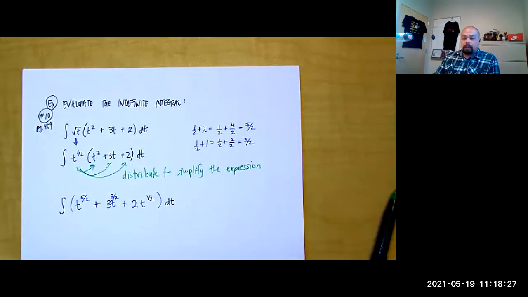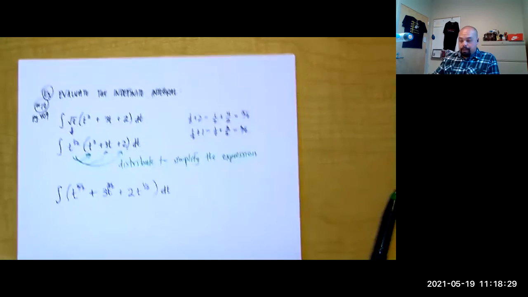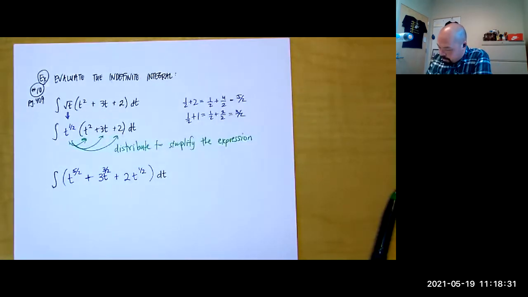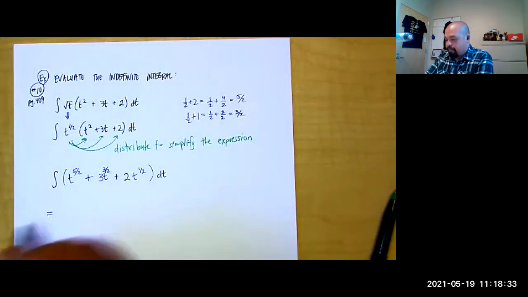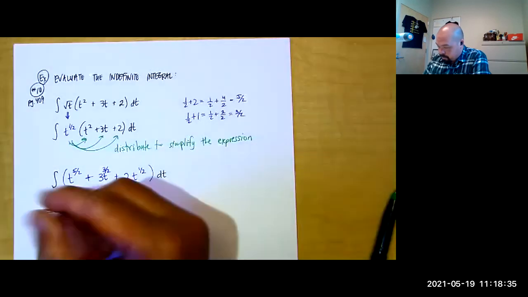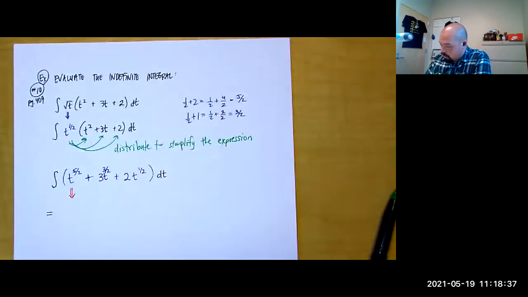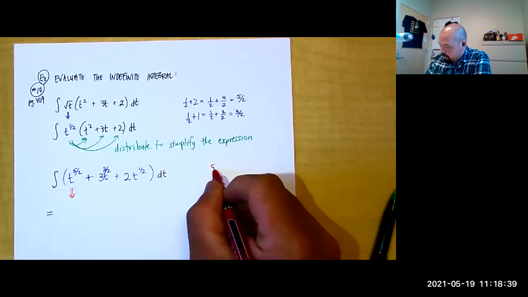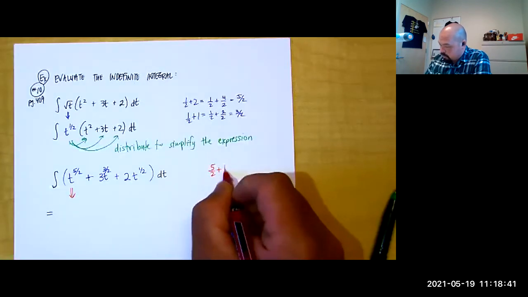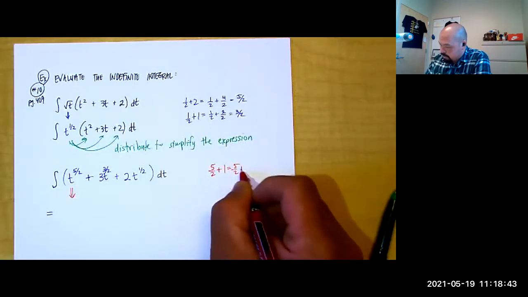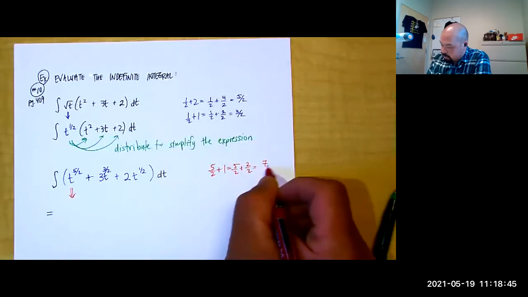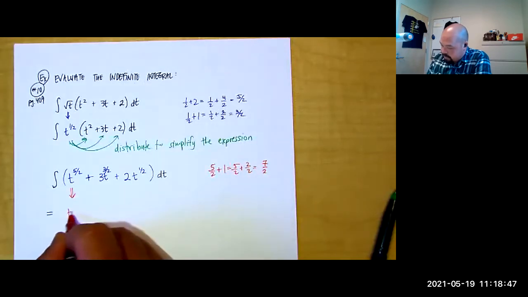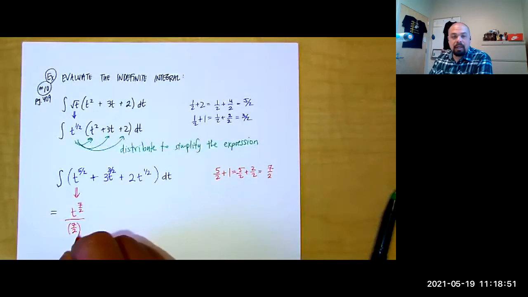So now, as we actually do the antiderivative work over here, 5 halves plus 1, 5 halves plus 2 halves, 7 halves, right? So we're going to get t to the 7 halves, and we're dividing by that same power, 7 halves.